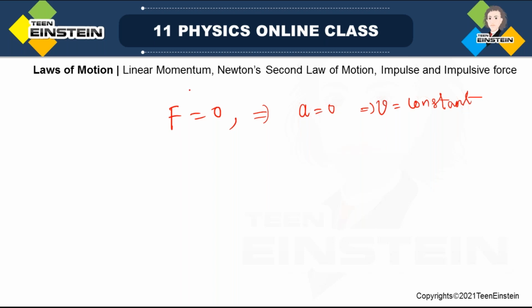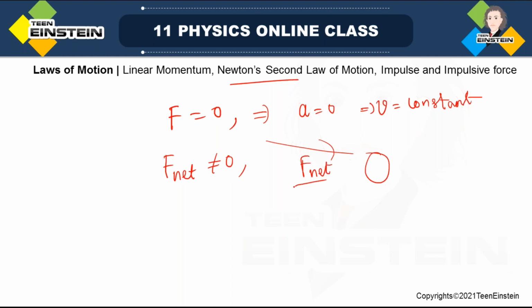But this second law will be dealing with net force not equal to 0. That means on any object, if there is some net external force, how the motion of the object will change, or how the external force is affecting the motion of any object.